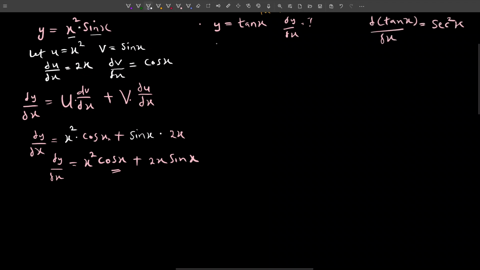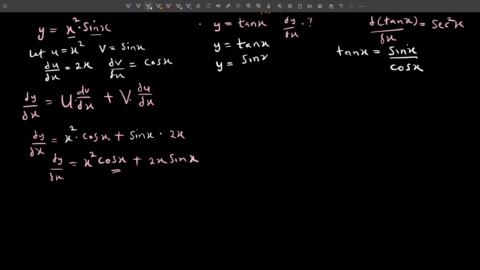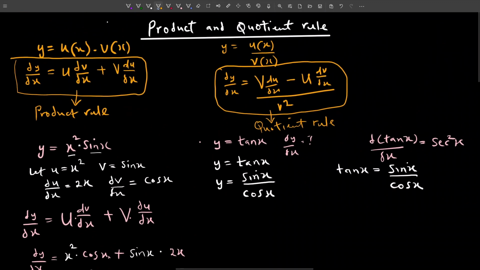So for this now, we have y equals tan x, and don't forget that tan x is equal to sine x over cos x. This will give me y equals sine x over cos x. Looking at this very well, you can see that this is a quotient rule. We're dividing two different functions.